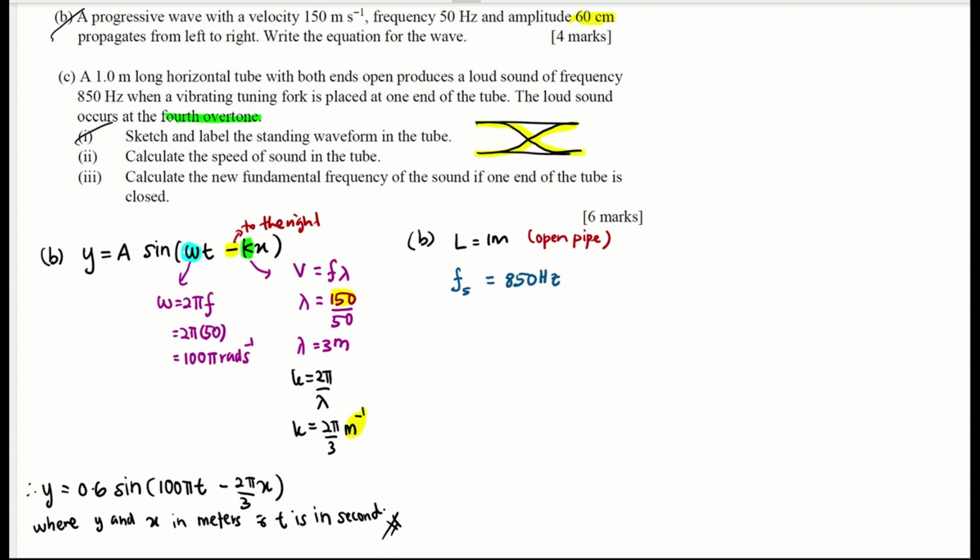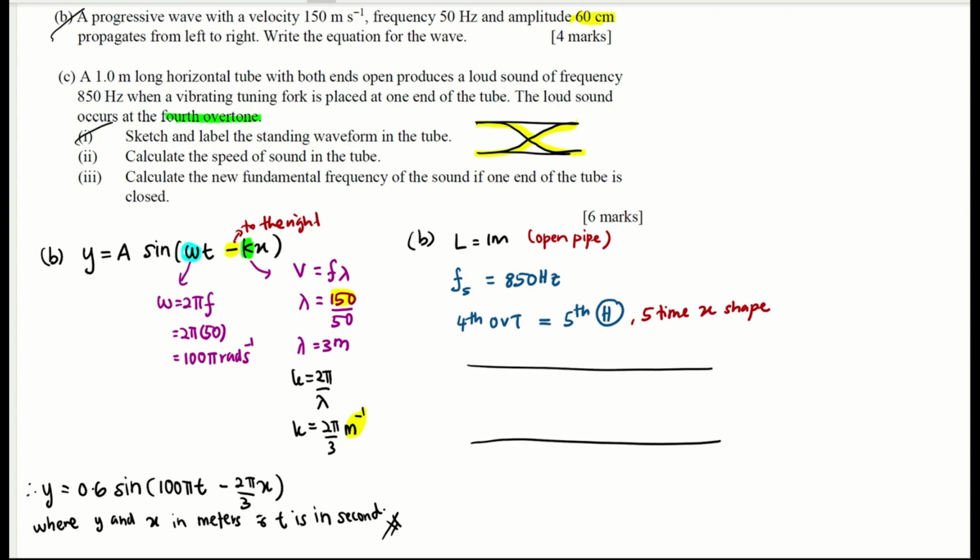Jadi kalau kita nak lukis untuk fourth overtone, which is equal to fifth harmonics. Okay, remember the pattern of X shape tadi mesti ada 5 kali. 5 times X shape.